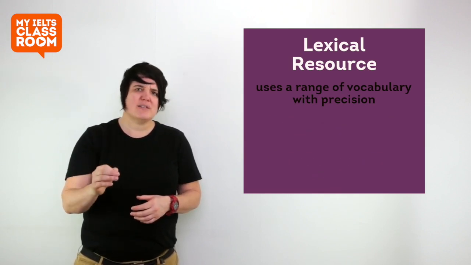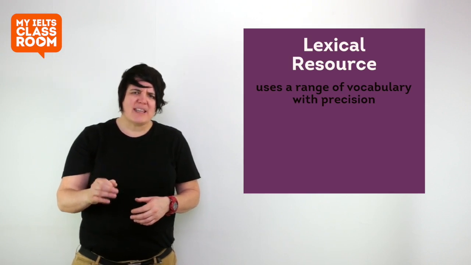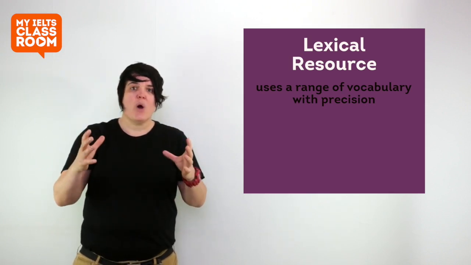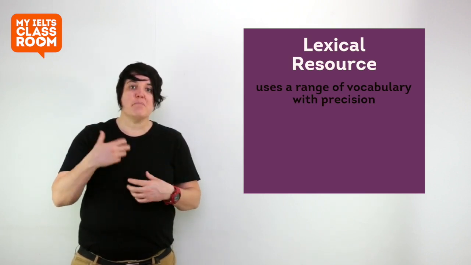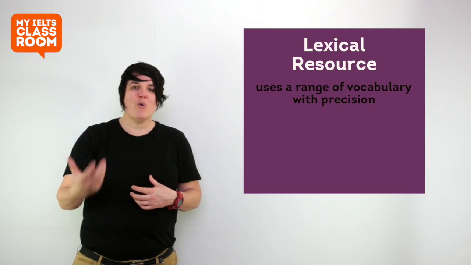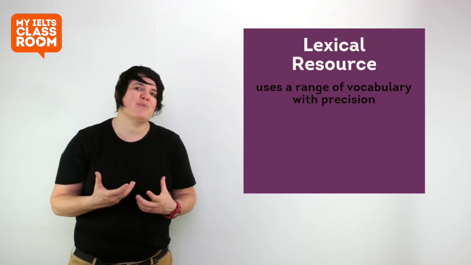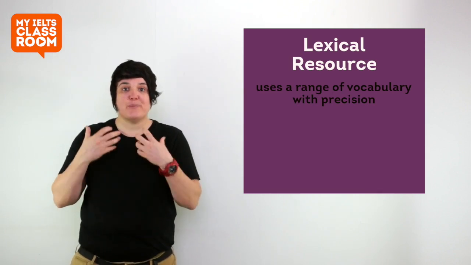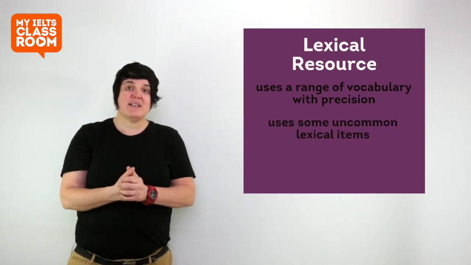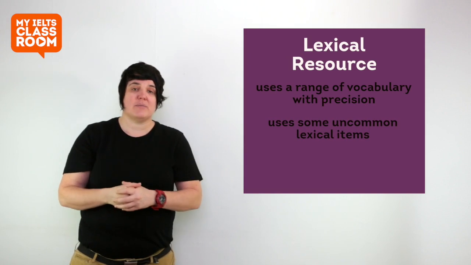Can you write sentences that can only give a simple idea, or are you able to give a more complex idea using more difficult language? We also need to think about word forms. Can you use the verb form and the noun form of the same word? Again, we need some uncommon lexical items.